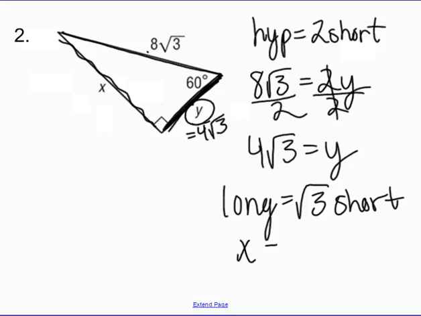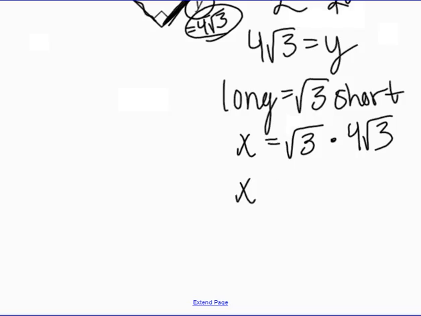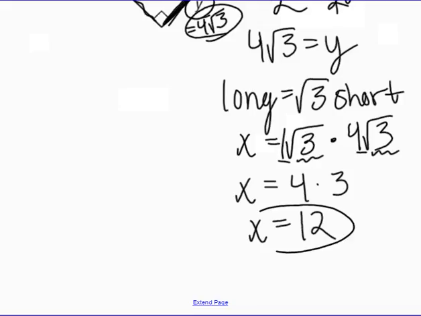So the long leg x is radical 3 times the short leg. Well, the short leg is 4 radical 3. So when I multiply these out, this is like a 1 in front. I go 4 times 1. And radical 3 times radical 3 is just 3. So the length of x is 12.